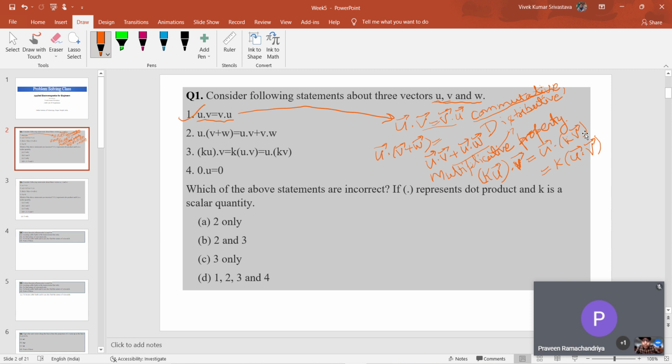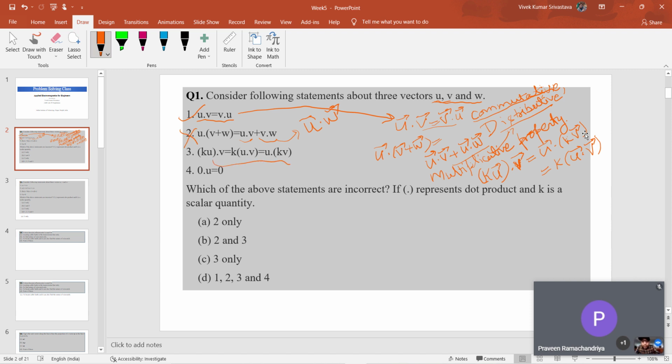So this statement is correct, whereas the second statement is somewhat similar to the distributive property. But here you can see that u dot v is correct, but the second term should be u dot w instead of v dot w. So this statement is wrong.